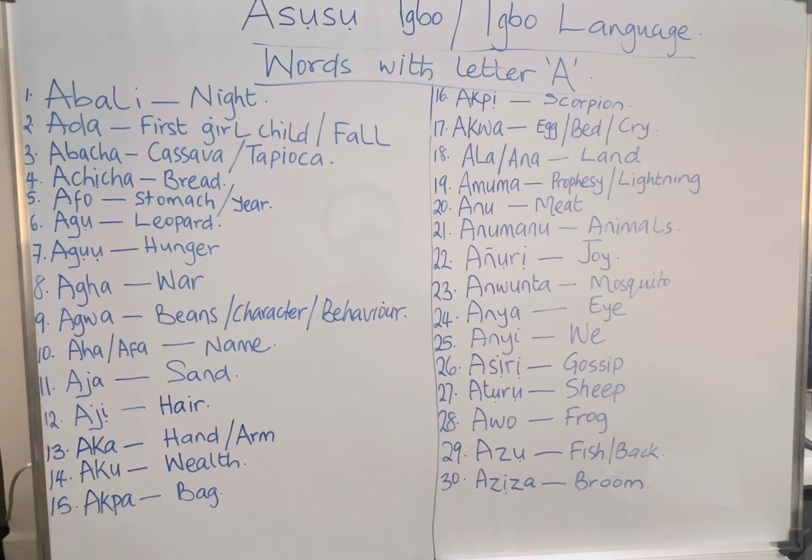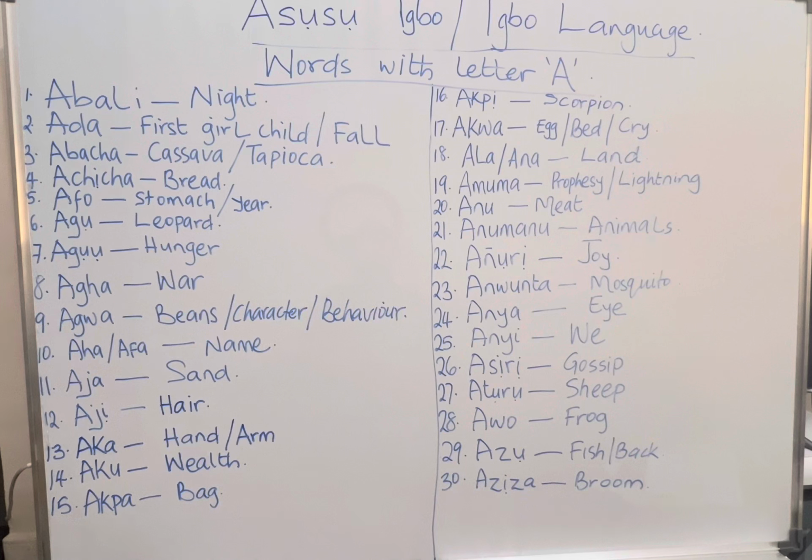Number 13, aka. Aka is your hand or arm. Number 14 is ako. Ako is wealth.